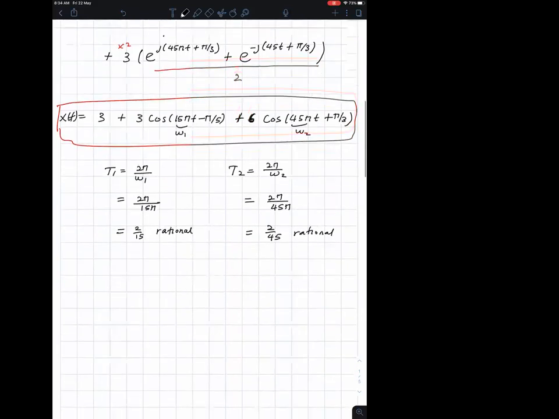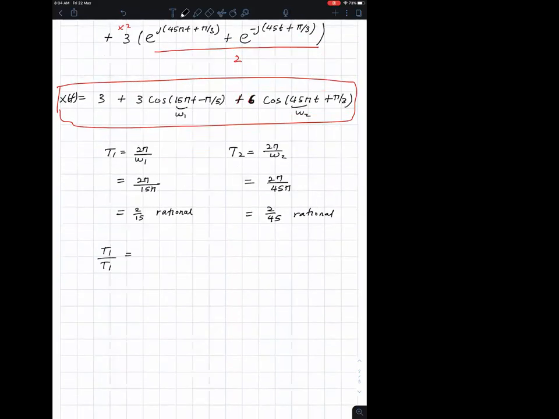So T1 over T2 is 2 over 15 divided by 2 over 45, which is the same as 45 over 2.